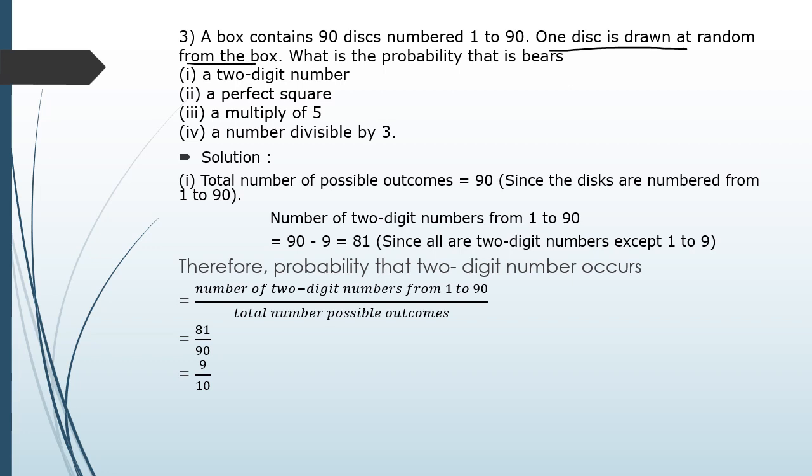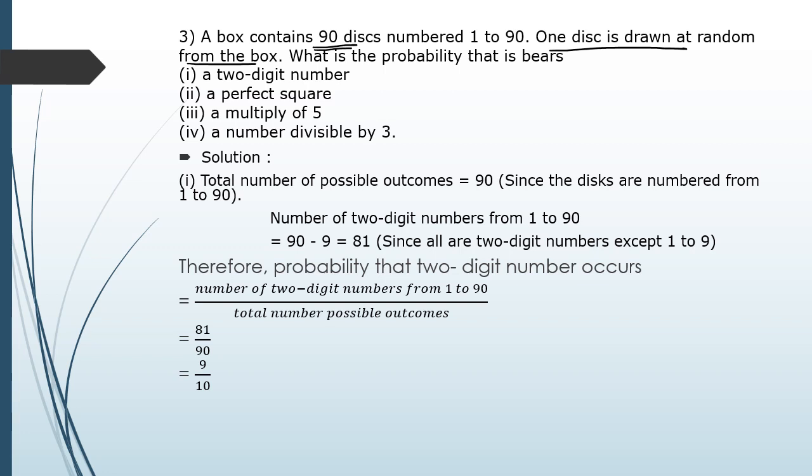Find the probability that it bears a two-digit number, a perfect square, multiple of 5, and a number divisible by 3. Now let's look into it one by one. First of all, let us find out the sample space for this experiment. What is an experiment? One disc is drawn at random from the box, and in that box we have total 90 discs.